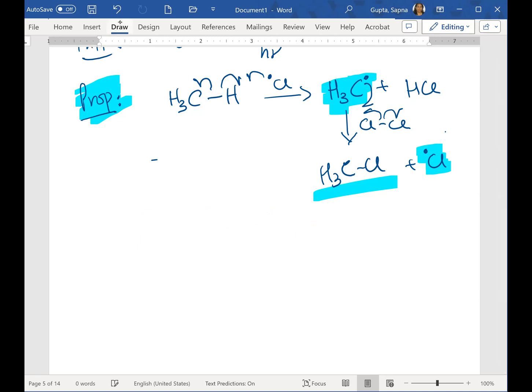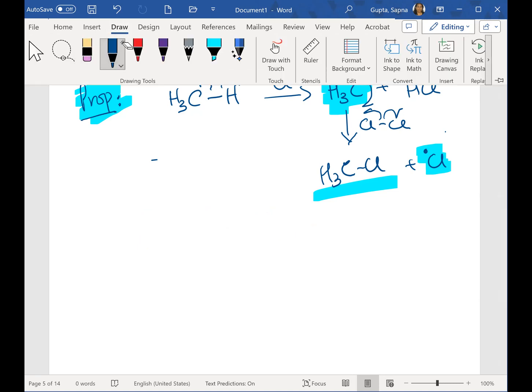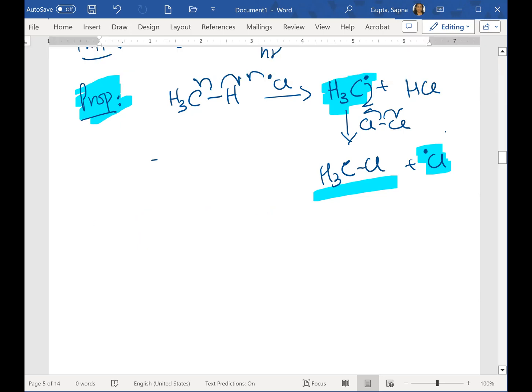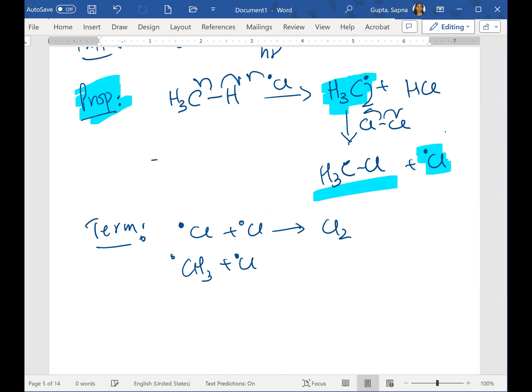Now, the last thing that I have to do is termination. Termination means that I have to finish off all my radicals. So what kind of radicals do you have there? If you want, you can write this, and I'm happy with this. If you want, you can write this, and I am happy with this.